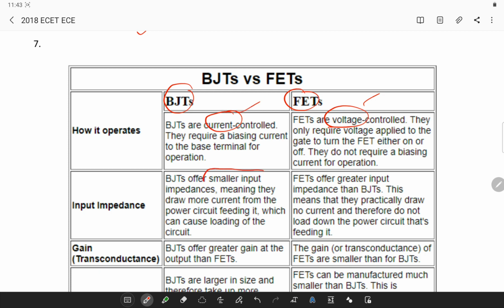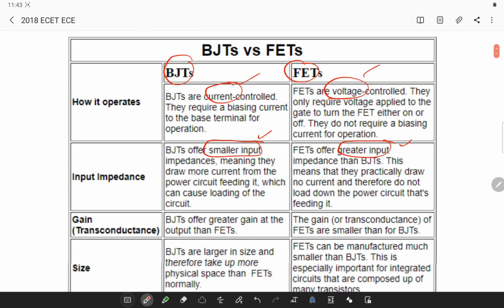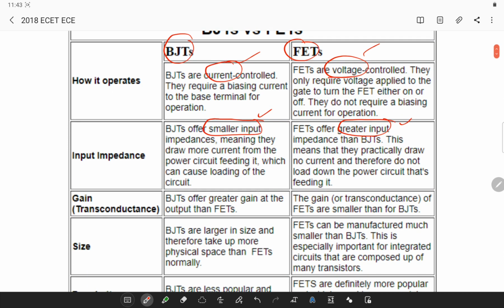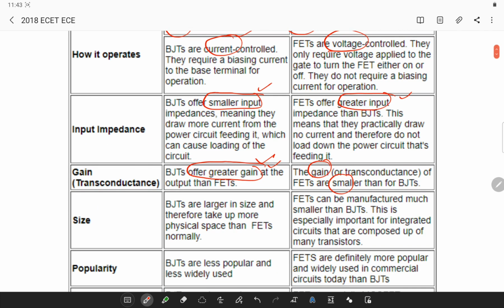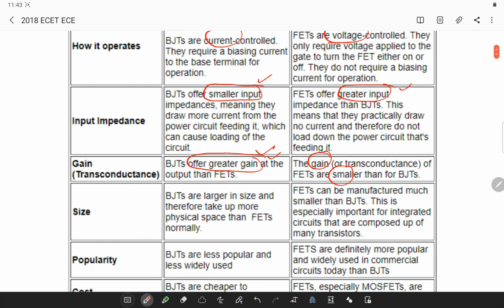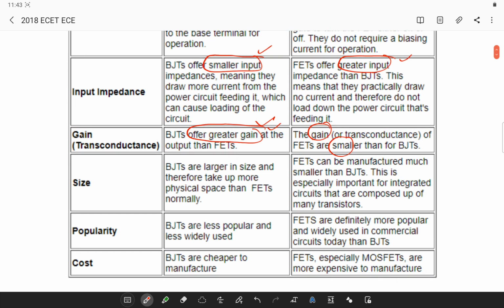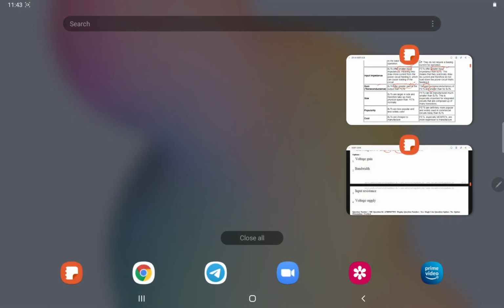BJT has smaller input impedance, whereas FET has higher input impedance. Also, the BJT offers greater gain, whereas the gain is smaller in FET. If you see this particular point, we can finalize the answer.